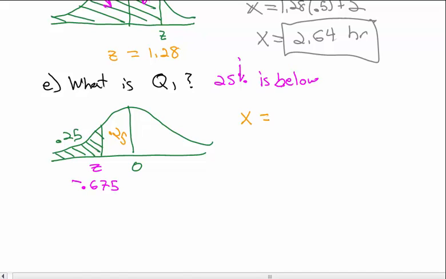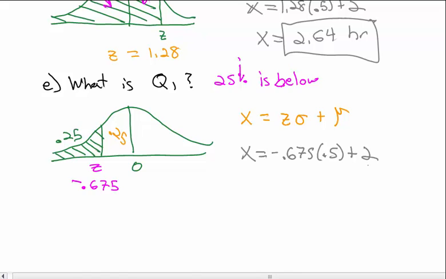And we know our x formula is z sigma plus mu. Plugging in what we know, x is negative 0.675 times sigma, which is 0.5, plus mu, which is 2.